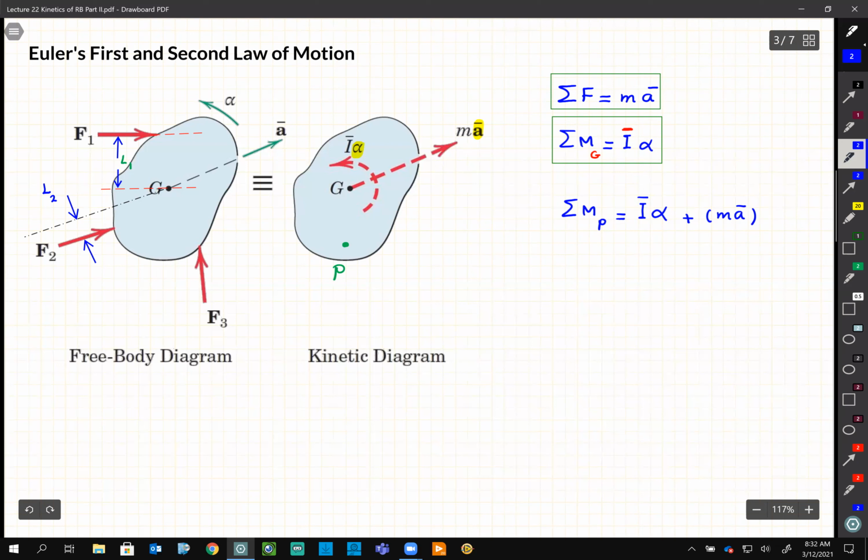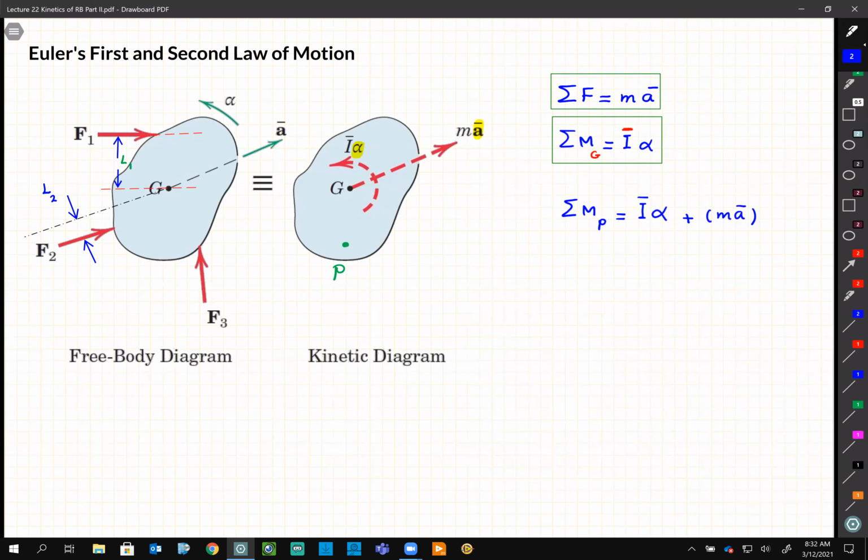Like you see, M A bar. Then somehow you need to think about this M A bar as a force. So this force creates a moment about point P, multiplied by the normal distance between this point and M A bar.